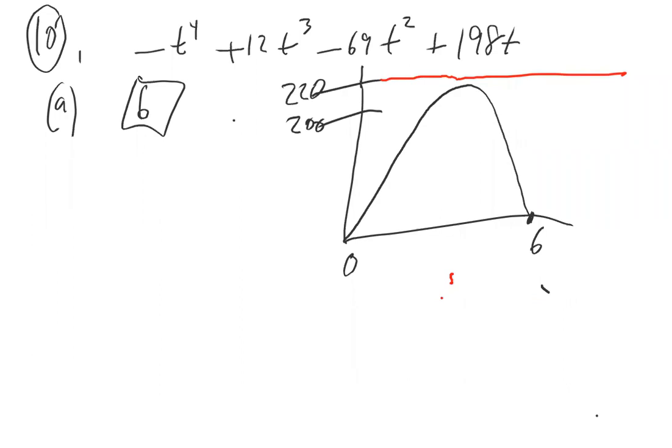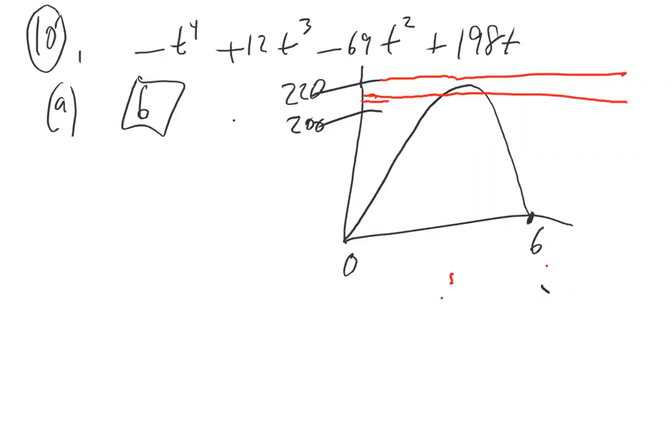It's more than 210, right? On my graph, at least. On my graph, it's more than 210, but less than 220. Sorry. It's a little bit more than halfway between 210 and 220.